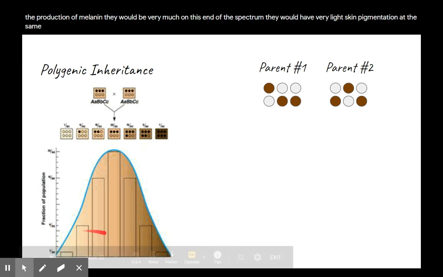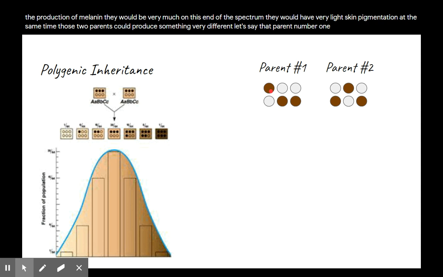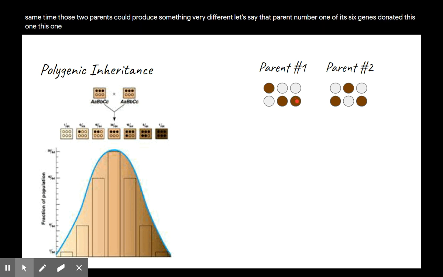At the same time, those 2 parents could produce something very different. Let's say that parent number 1, of its 6 genes, donated this one, and this one, and parent number 2, this one, and this one.